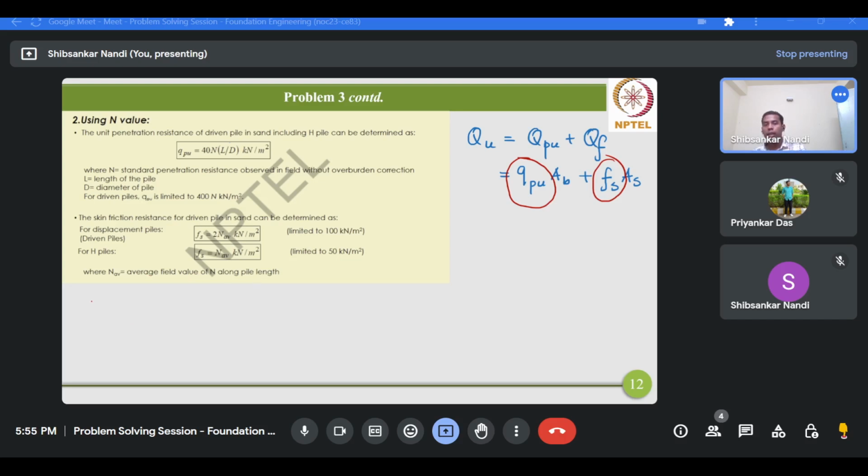First of all, we'll calculate the QPU. QPU will be 40 N times L by D. Now L for the given pile is 10 meter and diameter is 0.4. We'll first check the limiting condition.